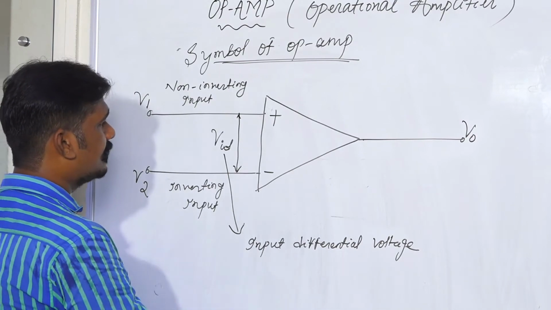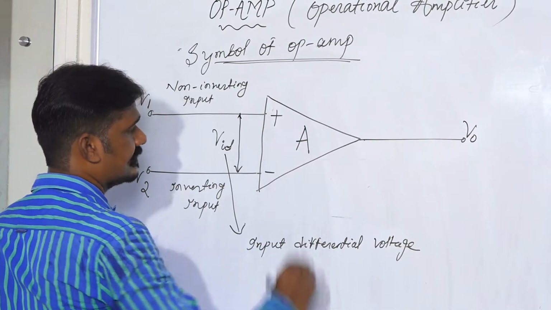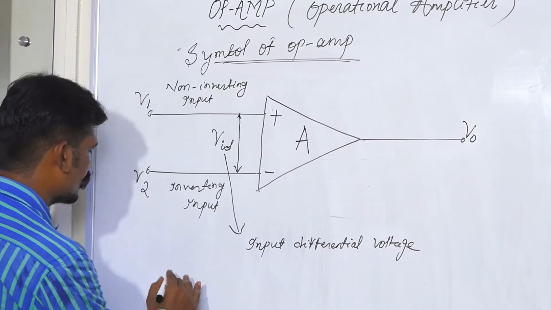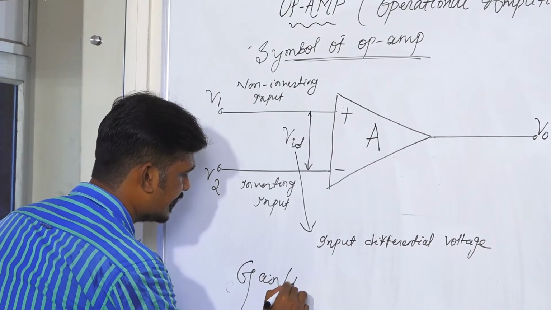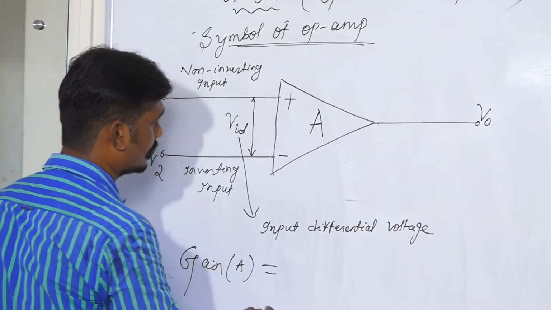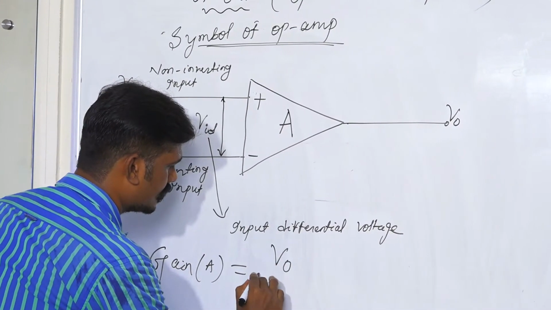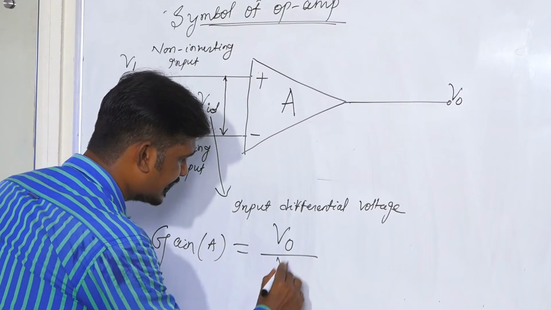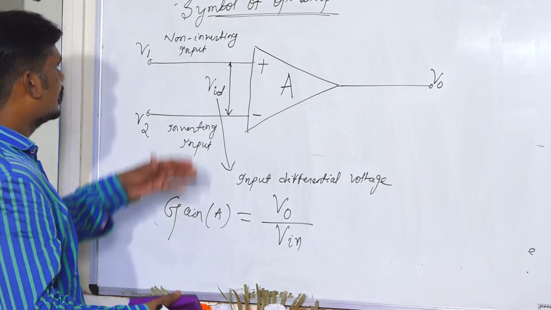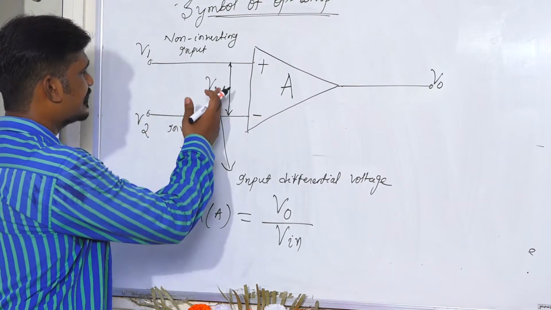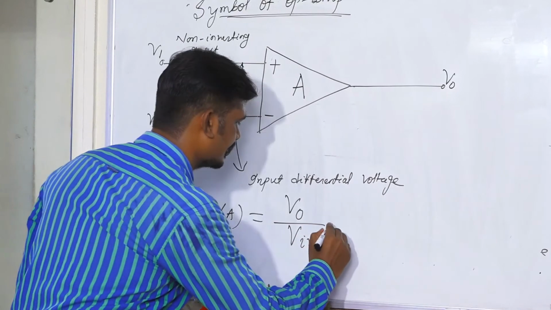The gain of the amplifier is represented as A, capital A. So we can write the formula for gain. A is equal to V output, or output voltage, divided by the input voltage. Here the input voltage is the difference between the two voltages.